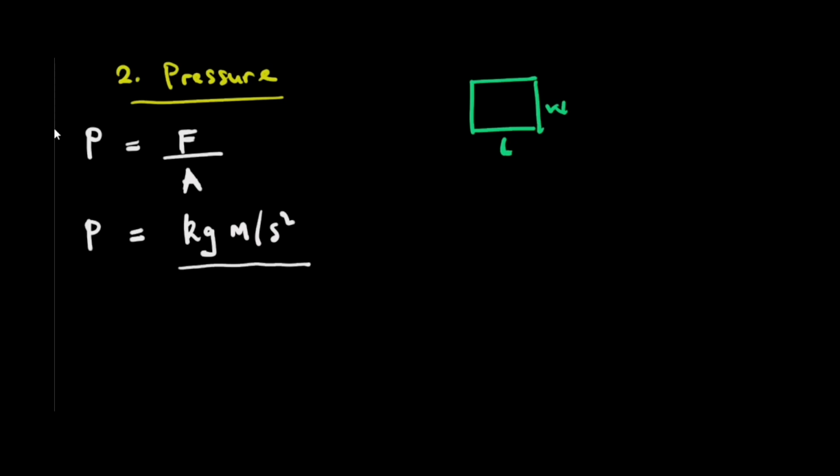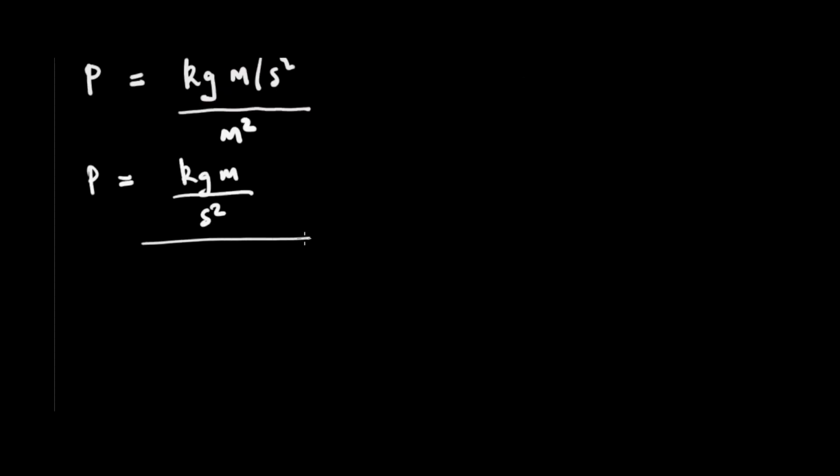So the units of area are meter squared. So P is equal to F over A becomes P is equal to kg meter over second squared over meter squared. So we can write it this way: P is equal to kg meter over second squared over meter squared.